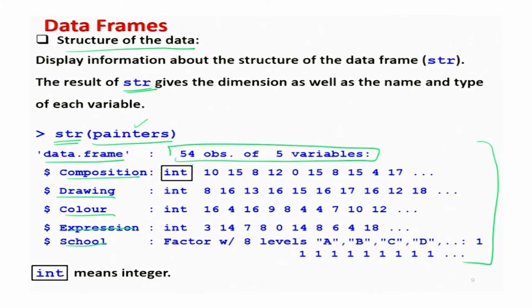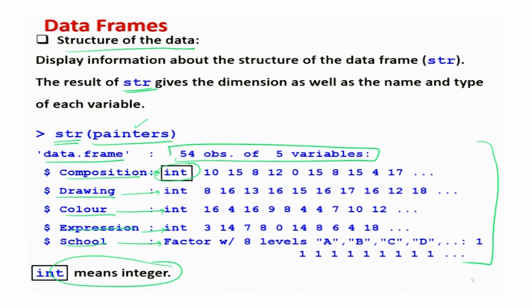For example, it is written int, which means integer. So, you can see the data on composition, drawing, color, and expression is integer, but the data on school is factor. And this is exactly what we had learnt in the last lecture also.